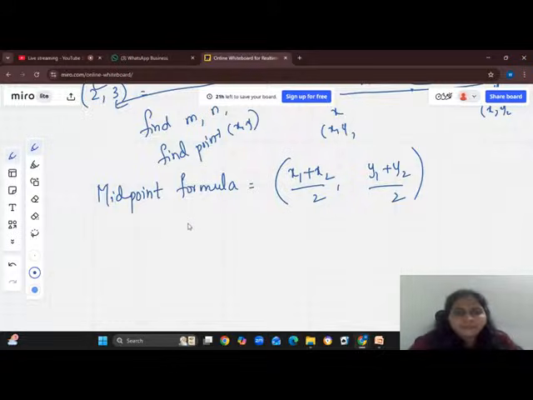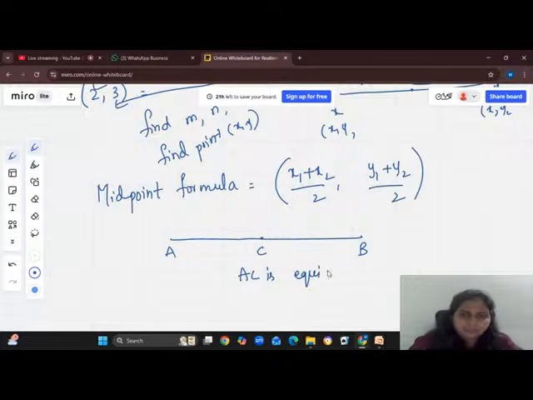So if they are telling that a line segment is exactly divided into two halves. For example, if I take AB and they told that this AC is equidistant. If you see this word equidistant, then it's nothing but both sides are equal.